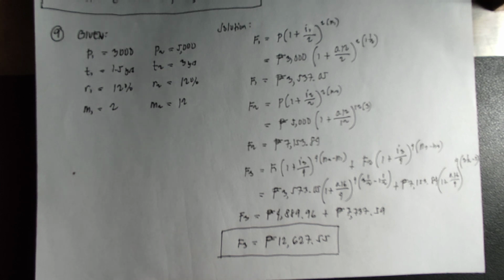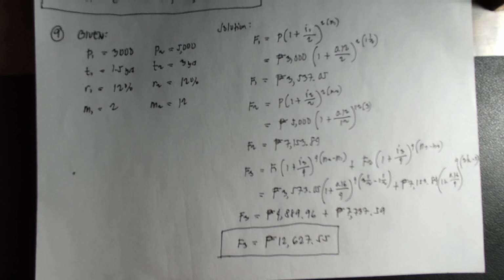Now we will find the F sub 2. The F sub 2 is equal to 5,000 multiplied to the quantity of 1 plus 0.12 over 12 raised to 12 times 3. To calculate that, we will get F sub 2 is equal to 7,153.84 pesos.